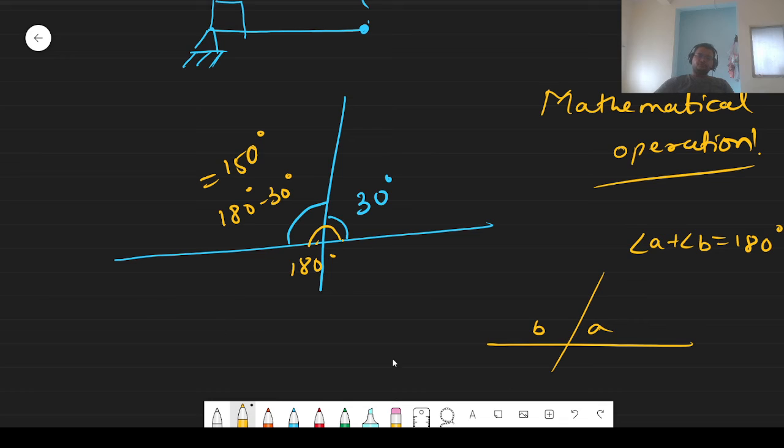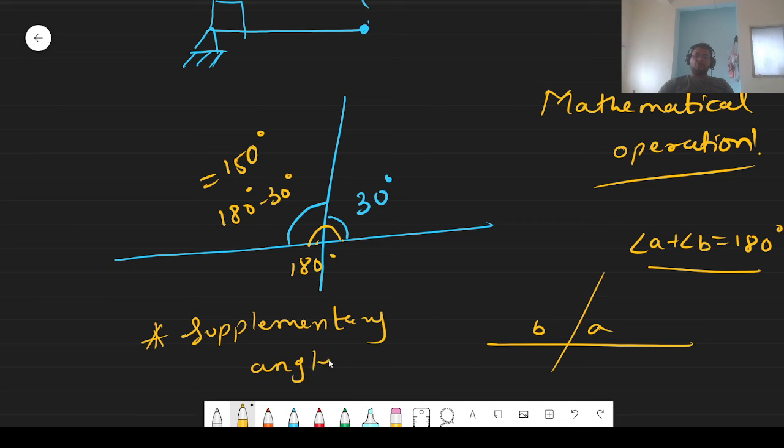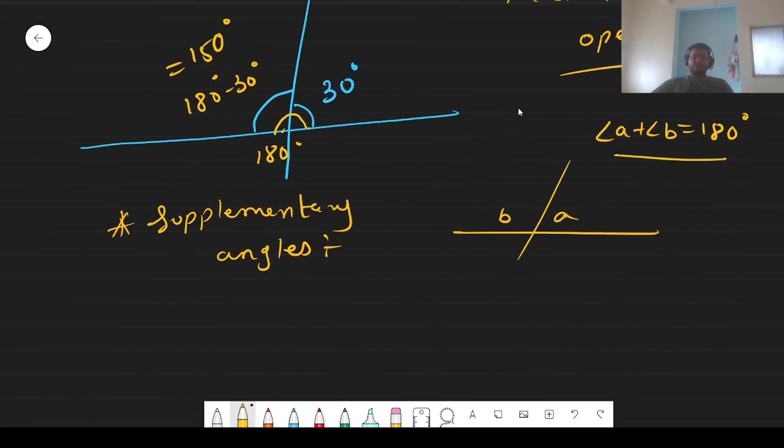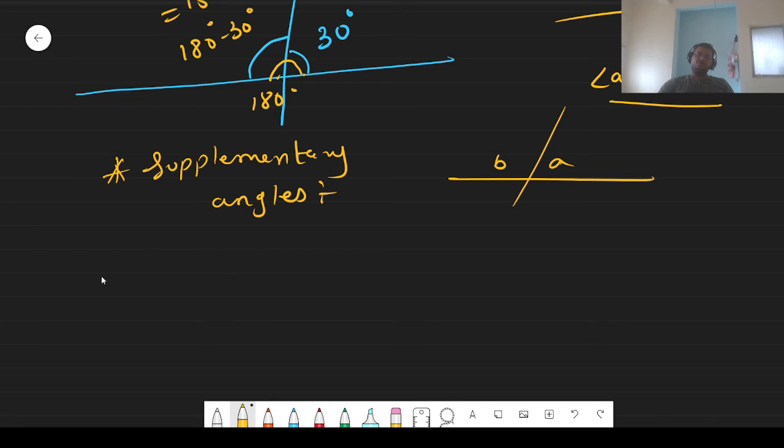Moving further, if the sum of two angles is equal to 180 degrees, it is called supplementary angles. What is it called? Supplementary angles. So it may happen in an exam or wherever you are studying that a question states that angle A and angle B are supplementary angles.